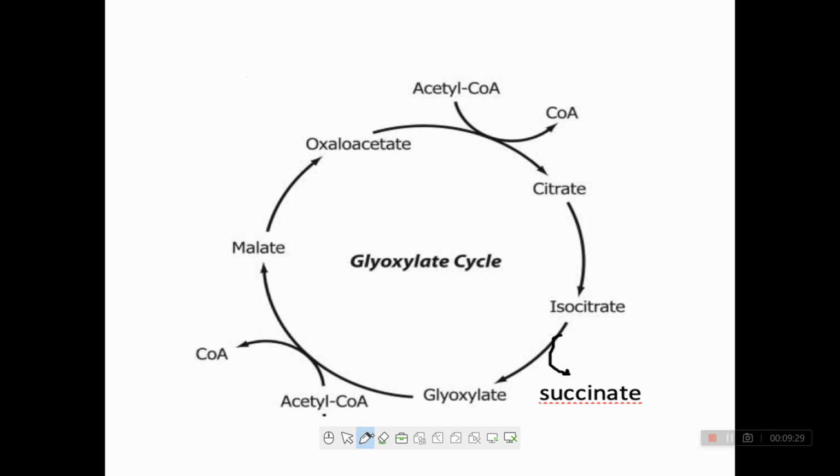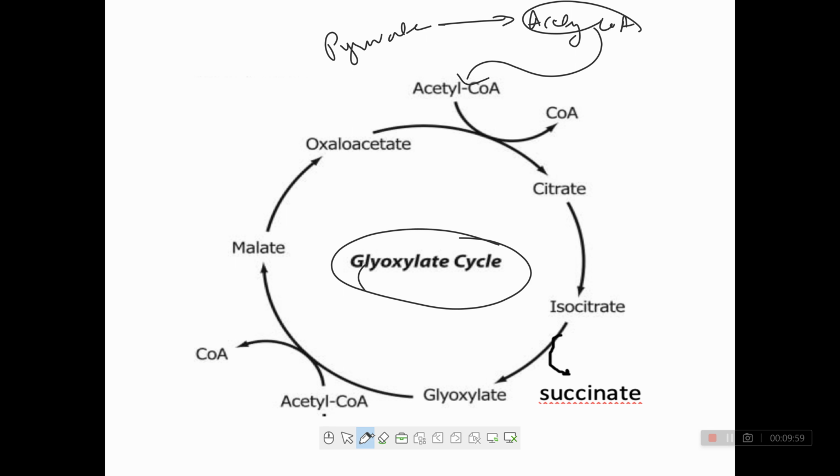These are the steps of the glyoxylate cycle. What happens here? You already know that pyruvate is converted into acetyl coenzyme A, and this acetyl coenzyme A normally enters the TCA cycle, but in the glyoxylate cycle, this acetyl coenzyme A enters the glyoxylate cycle.